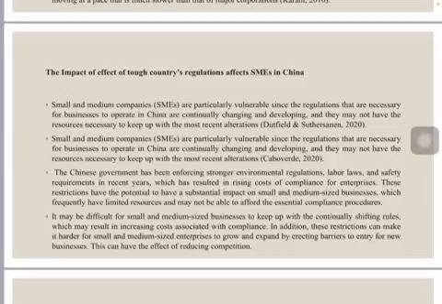The Chinese government has enforced strong environmental regulations, labor laws, and safety equipment rules in recent years. It may be difficult for small and medium-sized businesses to keep up with the continuously shifting rules, which may result in increasing costs associated with compliance.